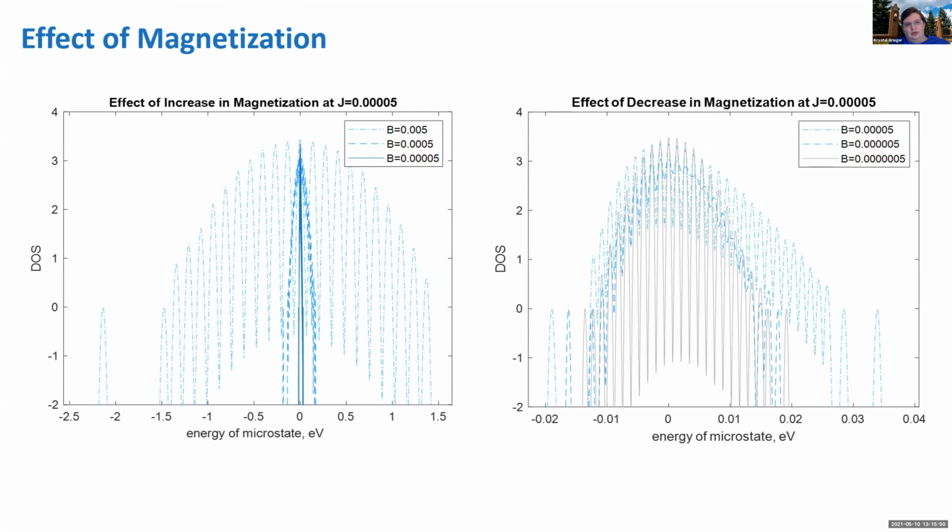What we found was that as you increased the magnetization value, which we classified as B, the energy distribution became wider, and this will correlate later on with Payman's findings. You can see here, when the spin-spin coupling constant is equivalent to your magnetic field, the energy range for your microstates is all very close to 0.